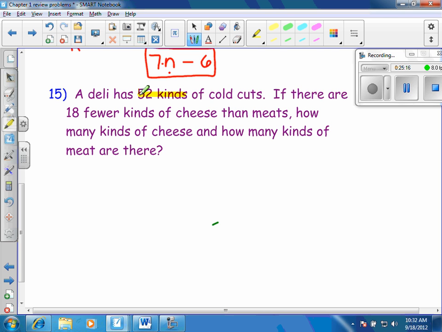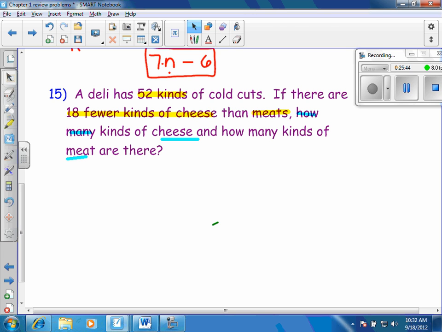There are 18 fewer kinds of cheese than meats. How many? So the question that we want to answer is to find out how many kinds of each type of food. So each type, how many kinds of cheese and how many kinds of meat there are.